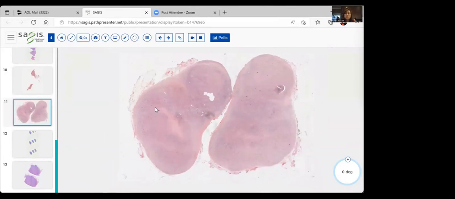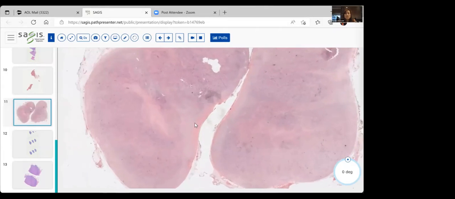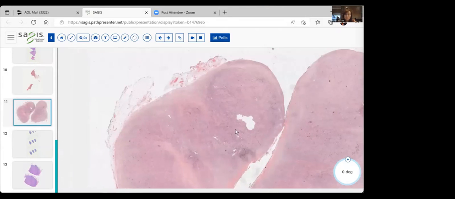And so sometimes a clue to what this is going to be is that the overlying epidermis shows acral skin. So that sometimes can be helpful. But in the absence of that, you can still figure out what this tumor is. So this is a large lobulated tumor that was shelled out, and it's full of mononuclear cells.